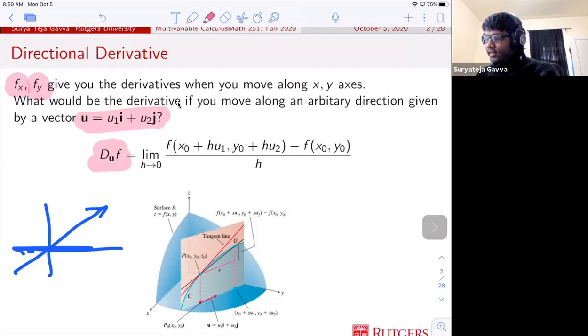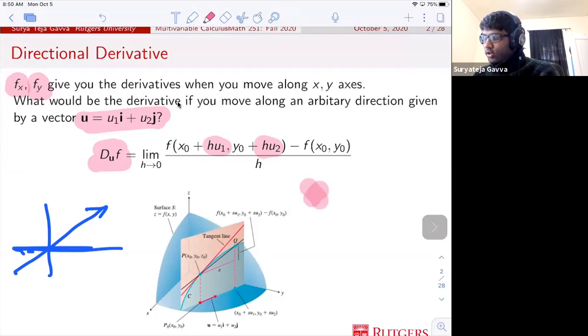If you write that down in the limit definition, it is the change as you move along. If u is (u1, u2), you're moving along the u1, u2 direction, so from (x0, y0) you move to (x0 plus h u1, y0 plus h u2).